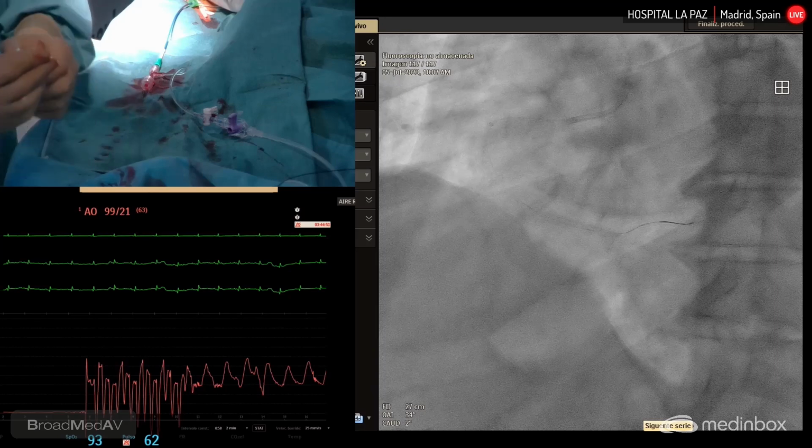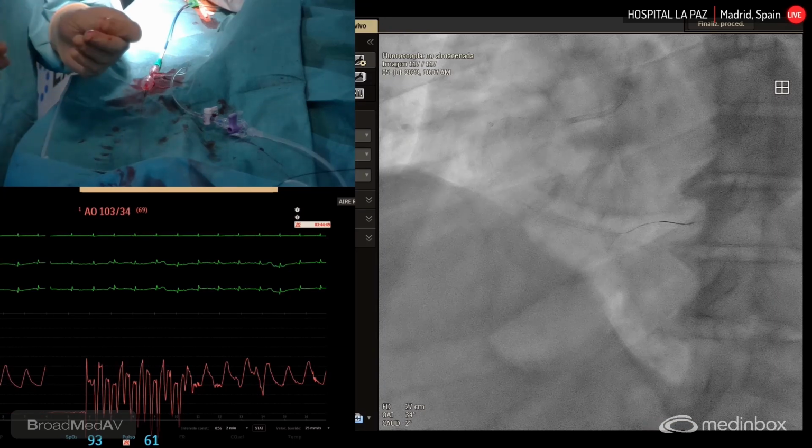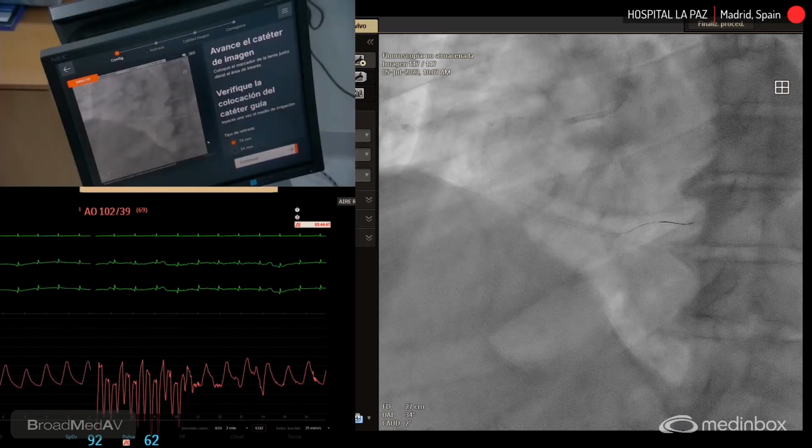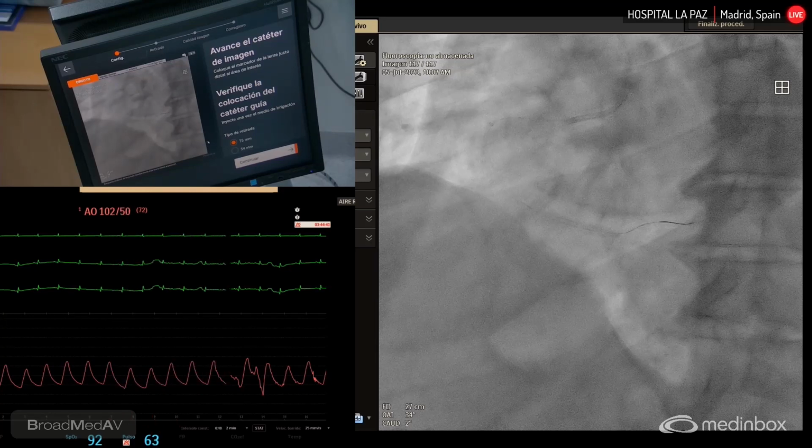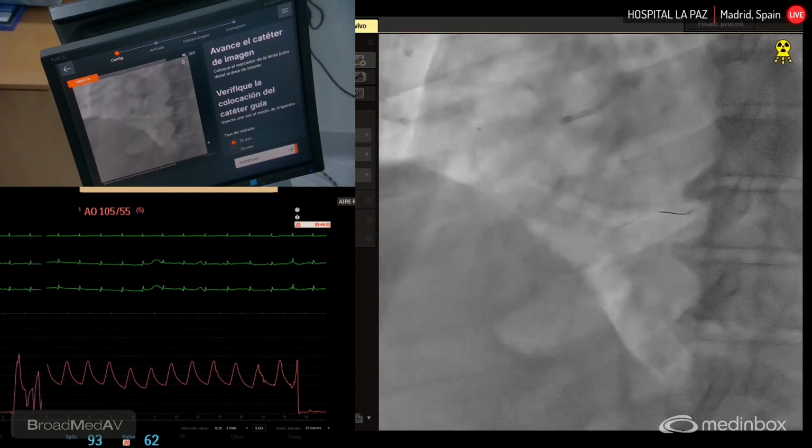Déjame el baloncito de 2,5. Ya, por favor, gracias. Dale negativa, por favor.